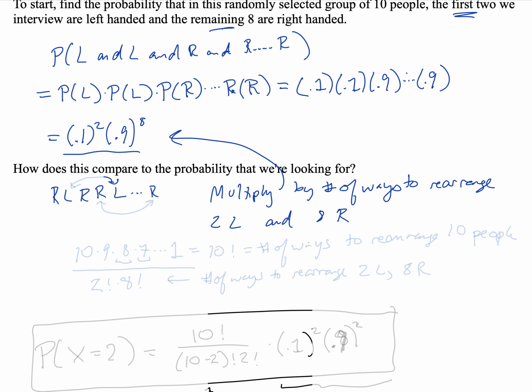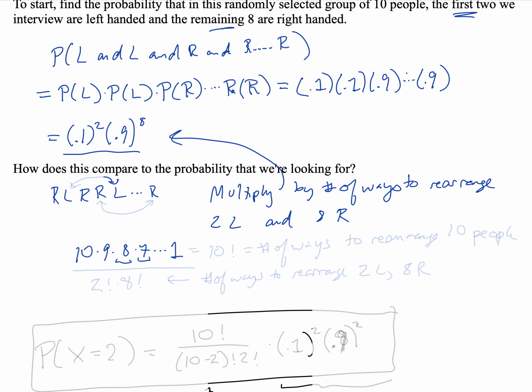Well, if we have 10 people, there are 10 possible people who could be first, and there are 9 people who could be the second person left because we've already got the first one. Who's our third person? There are 8 possibilities left for that, and there are 7 possibilities left for the 4th person, and so on.